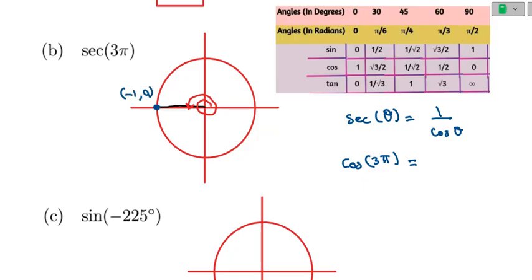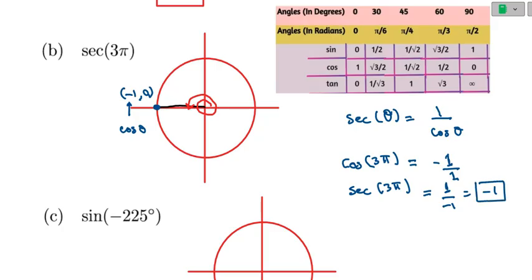The cosine is the x-coordinate, so cosine of 3 pi is minus 1. To get the secant of 3 pi, just consider this as a fraction and flip it: 1 over minus 1, which is minus 1. This is the easiest way to do it.